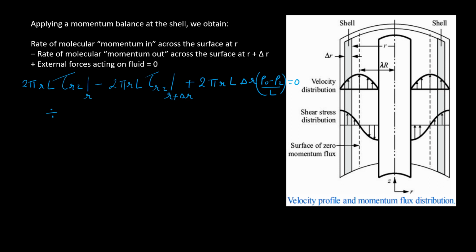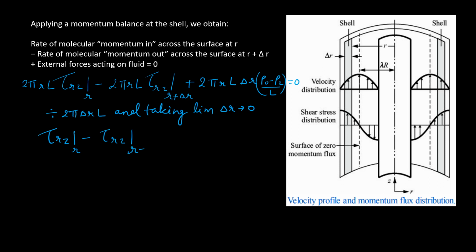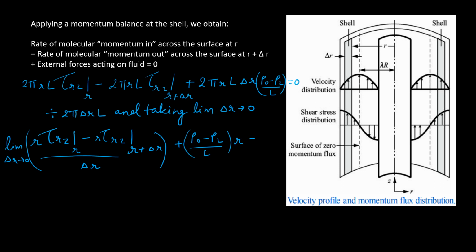Now dividing by 2πΔr L and taking the limit Δr tends to 0, what I got is: (r τrz at r minus r τrz at r plus Δr) over Δr, taking the limit Δr tends to 0, plus (P0 minus PL)/L times r equals 0.